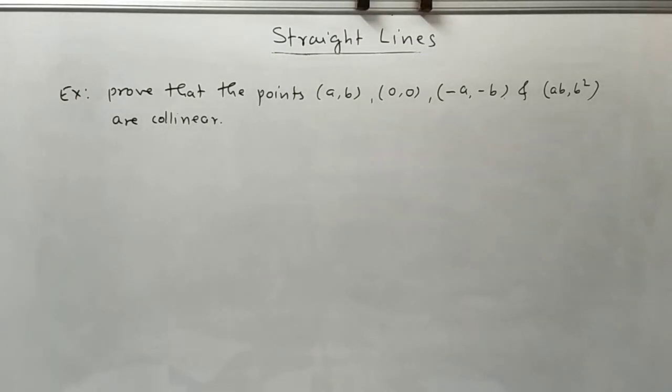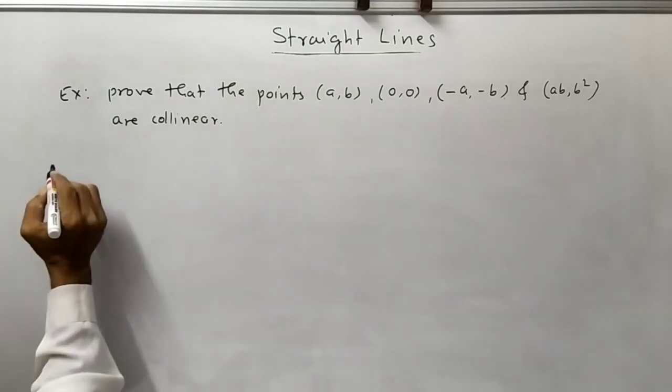Example: prove that the points with coordinates (a, b), (0, 0), (minus a, minus b) and (a squared, b squared) are collinear.